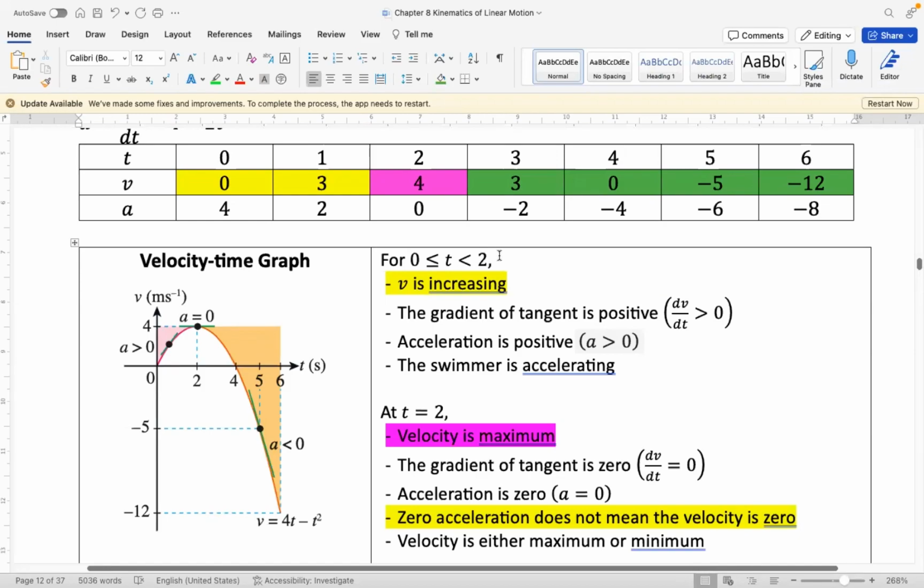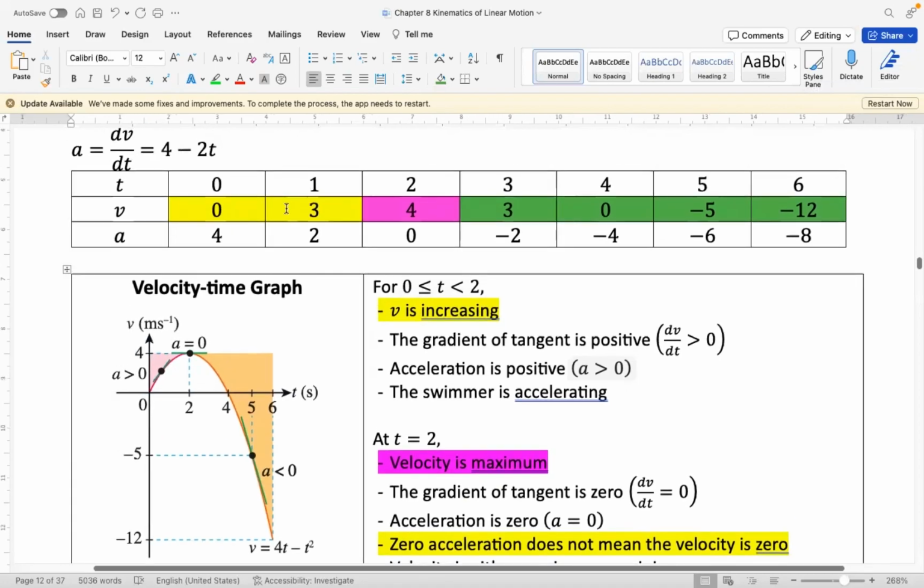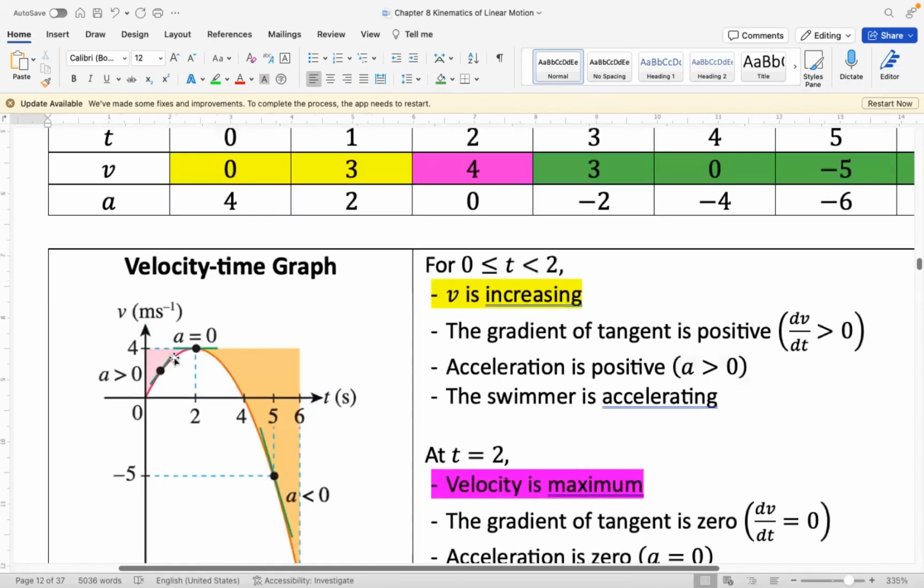Based on the graph, we check when t is between 0 and 2. We check the value of v from 0 to 3, and we notice that velocity is increasing. Then let's say you have a point here, and when you draw a tangent line, we notice that the tangent line slants to the right.